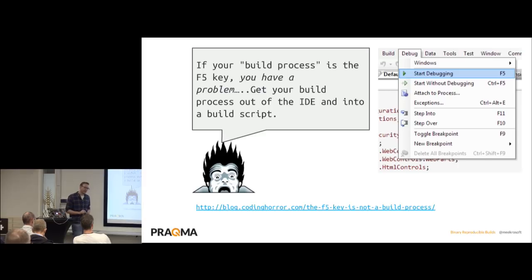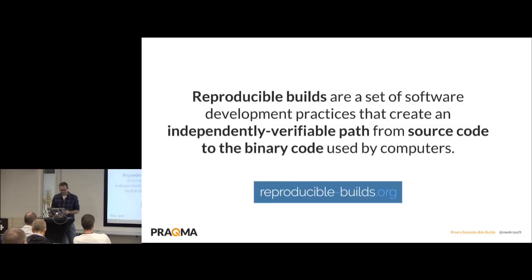So yes, having the source code and a build script is quite helpful and necessary for reproducible builds, but it's nowhere near sufficient. Reproducible-builds.org defines reproducible builds as a set of software development practices, so a bunch of practices, not just a process or a tool, to create an independently verifiable path from source code to binary code.